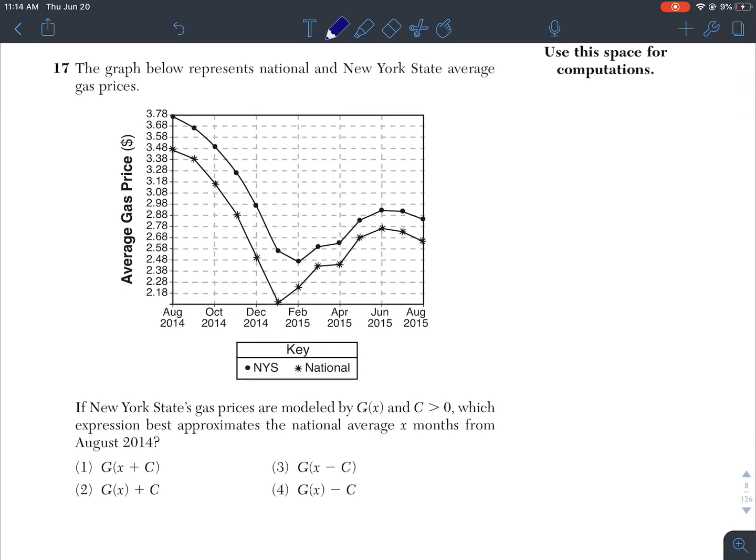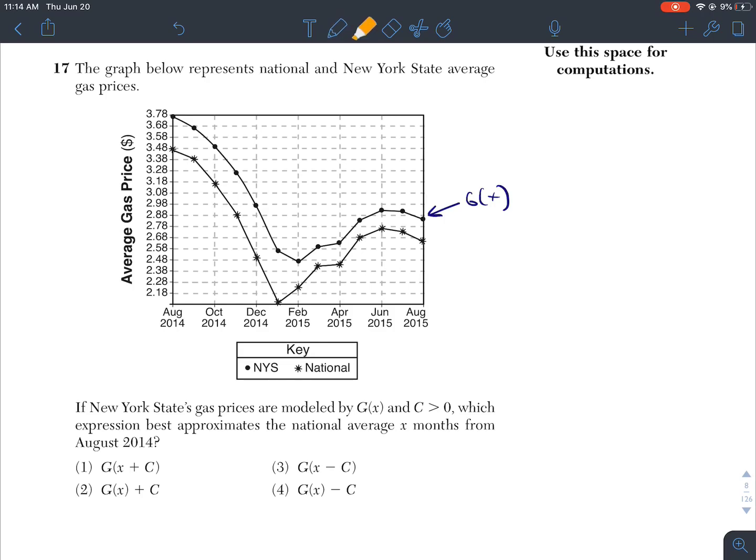The graph below represents national and New York State average gas prices. If New York State gas prices are modeled by g of x, so this is the New York State one, which expression best approximates the national average x months from August 2014. So this is a very convoluted question.